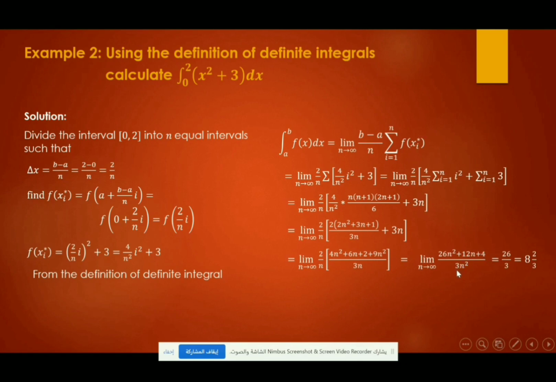That all divided by 3n squared, by multiplying 3n by n. Finally, after using the limit when n approaches infinity, like we learned before, by taking the coefficient of the top with the coefficient of the bottom, you will get 26 over 3. You can keep your answer like that, or you can simplify it by writing it as a mixed number or a number in decimal places.